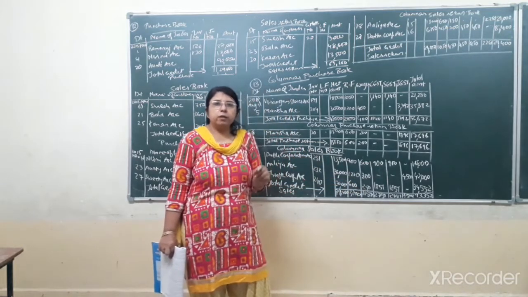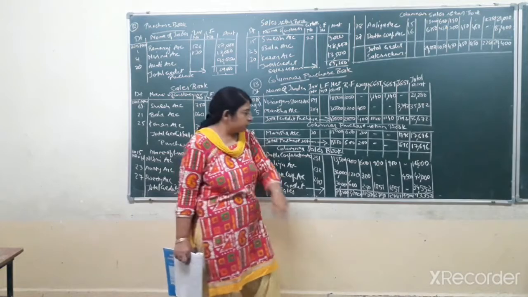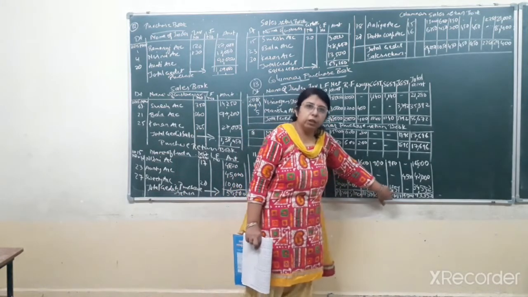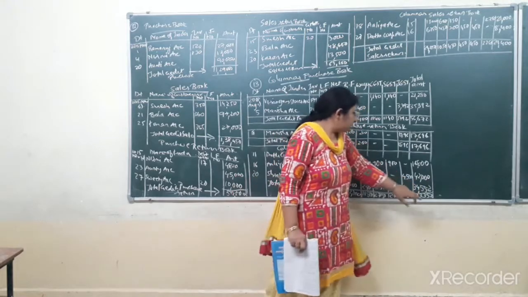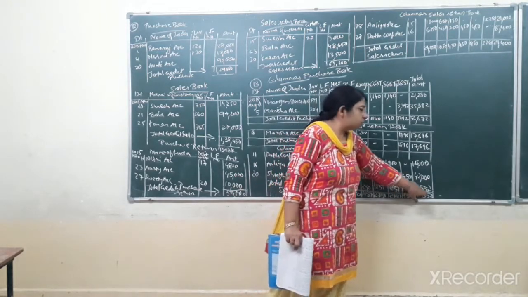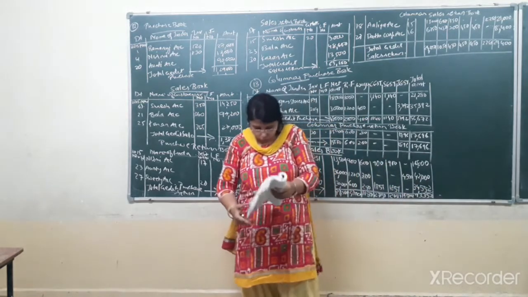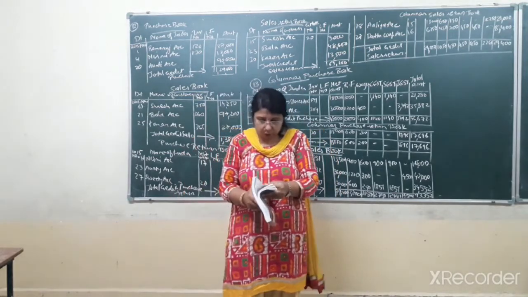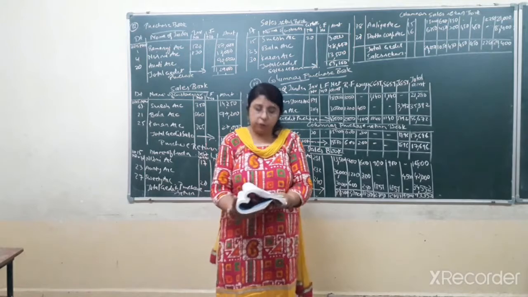On 30,850, you will count 6% and 6% for CGST and SGST, so it will come to 1,851 and 1,851. So the total of all these five values will come to 34,552.